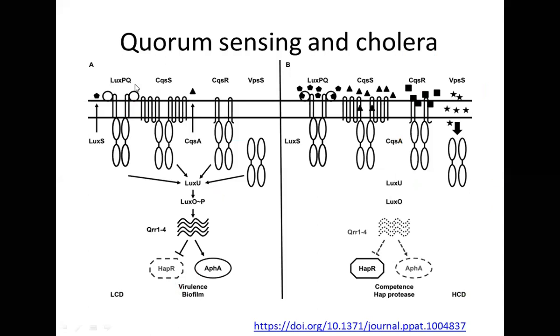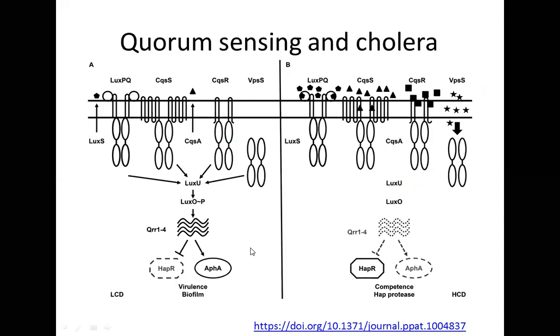Whereas in a high density state, you have high concentrations of these small molecules, which deactivate these particular proteins here, which means that no signal is transmitted to LuxU, meaning that this quorum sensing circuit is actually switched off. Or rather, this is an example of negative quorum sensing, where a quorum sensing signal is used to shut things down.